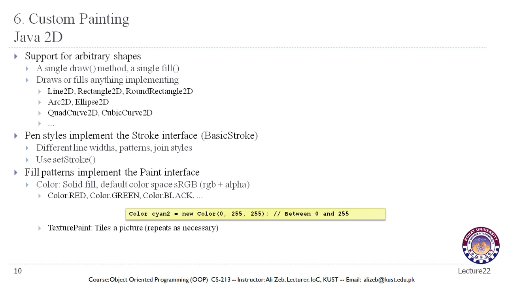This is a combination of RGB colors. Similarly, TexturePaint tiles a picture, repeating as necessary. GradientPaint creates a gradient between two colors. So the first one can repeat a picture, and the gradient will show us a gradient between two different colors. You can use the setPaint or setColor method.